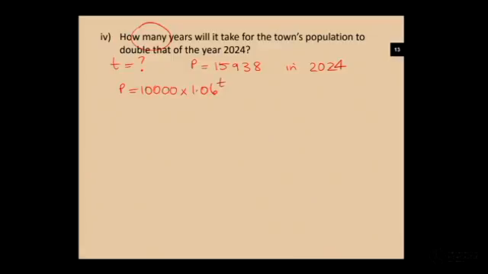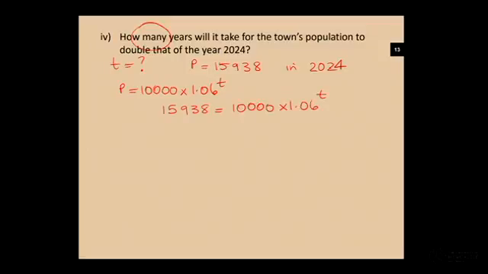By us putting this in again, it's getting you to practice your exponential equations because you haven't done it for a while. So I'm going to put 15,938, put the 10,000 times by 1.06 to the t.